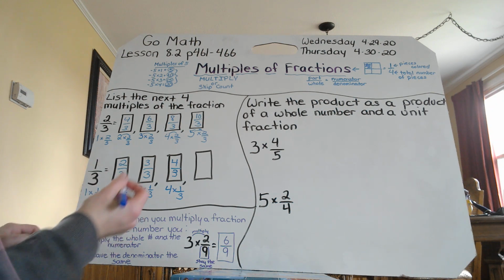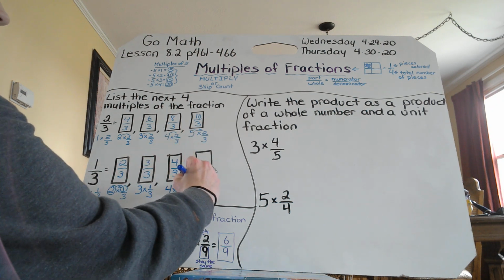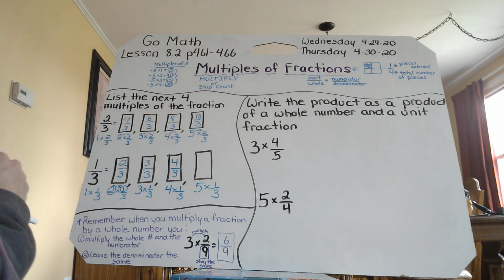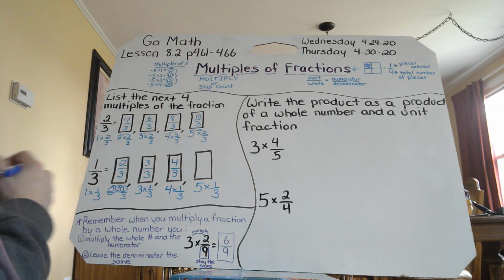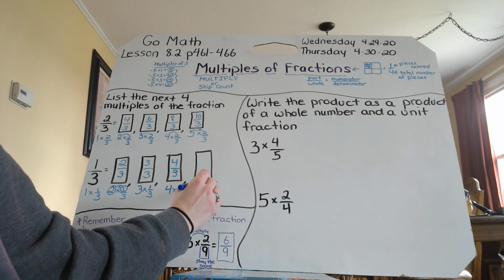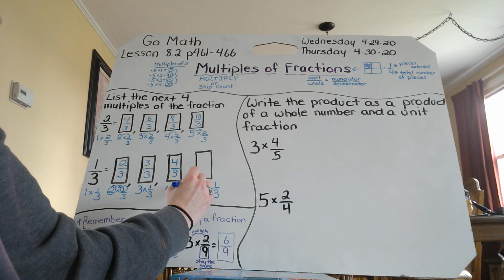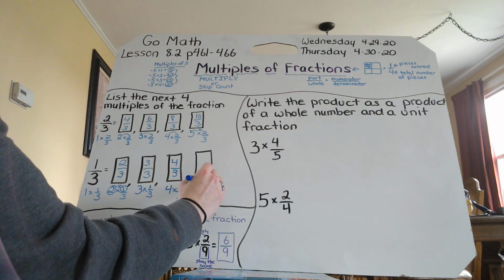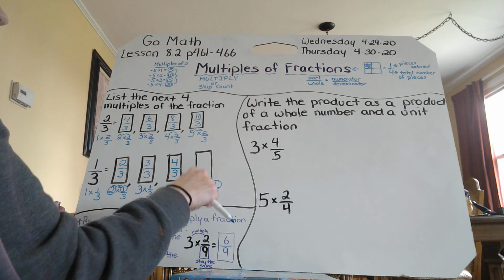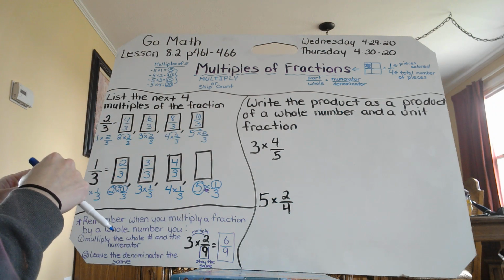And my last multiple, if I finish with 4 times 1/3, now I'm going to do 5 times 1/3. And again, I multiply my whole number times my numerator. So I'm multiplying this guy and this guy. And if you look, here's your multiplication symbol right there.